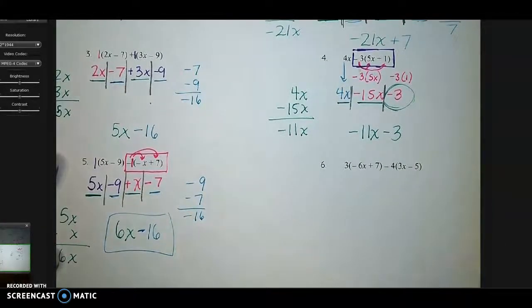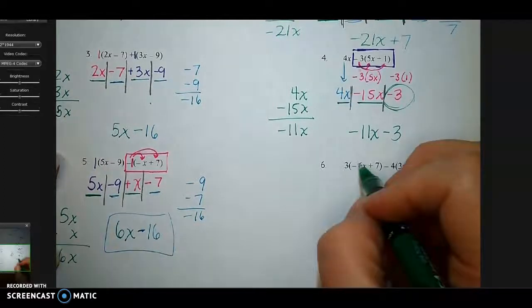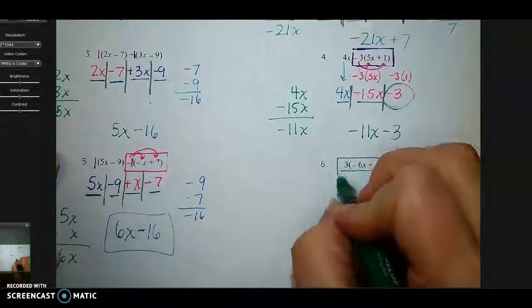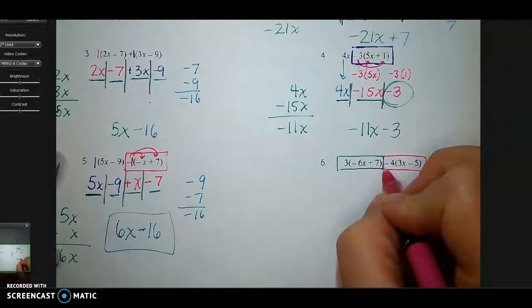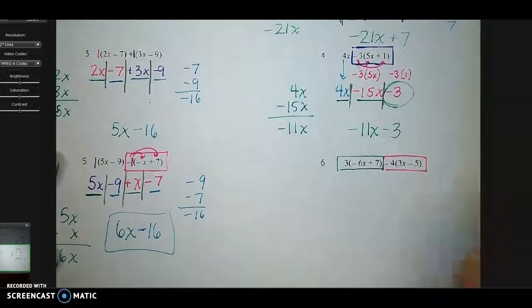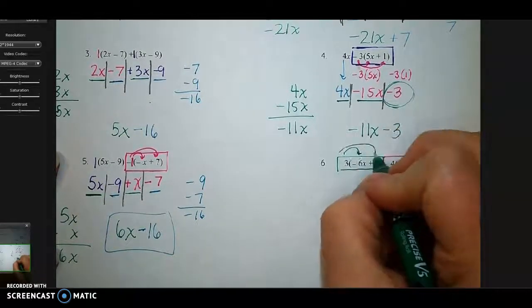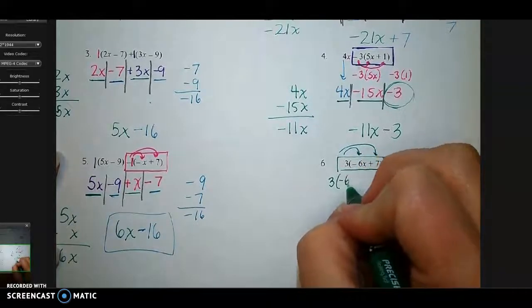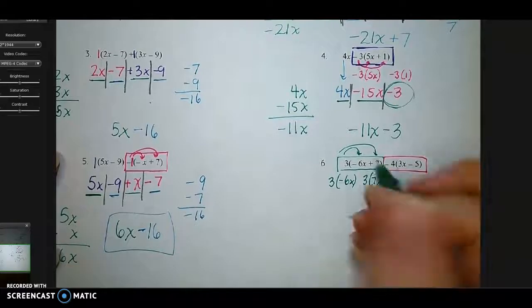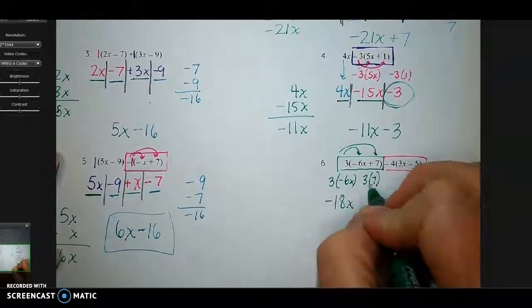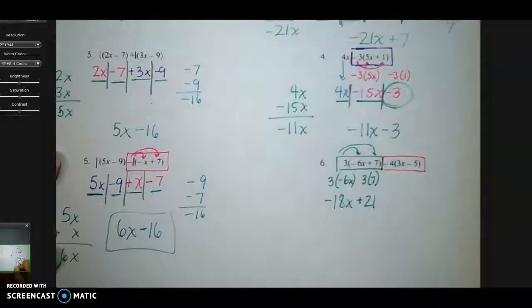Our last example here, we've actually got the distributive property going on twice. So the distributive property is happening on this set of terms, and the distributive property is happening with these set of terms. So I'm going to do 3 times negative 6x, and I'm going to do 3 times 7, which gives me negative 18x and a positive 21.